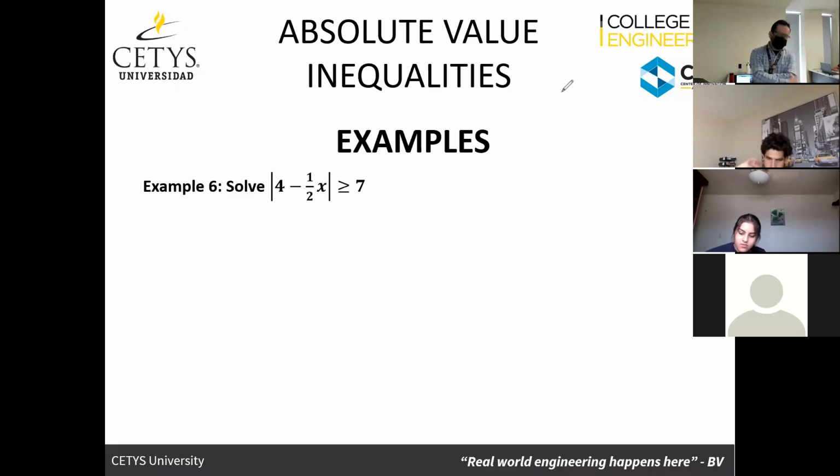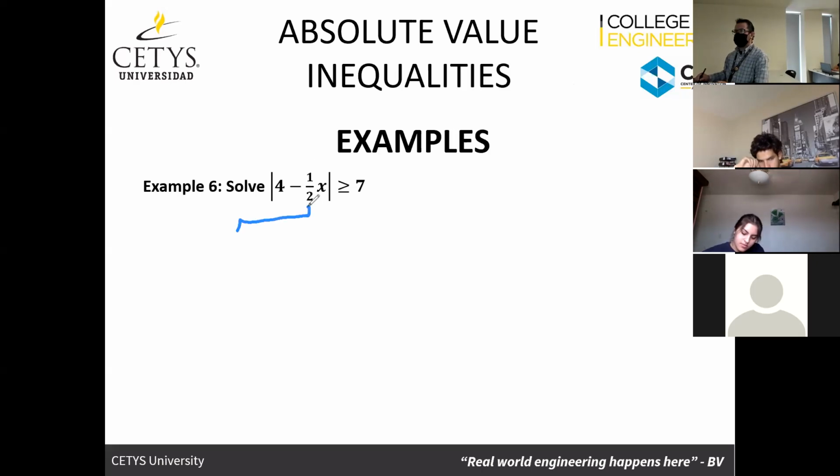So in this case, since it's larger than, or rather larger than or equal, then we're going to separate it into the scenario with the negative and the positive. So this one separates a bit differently than the less than.